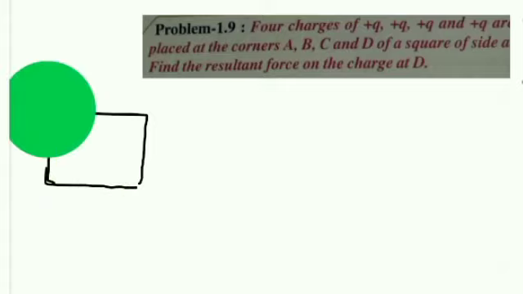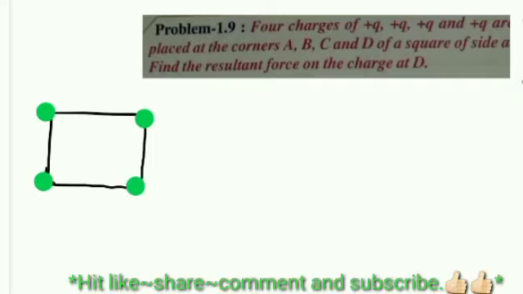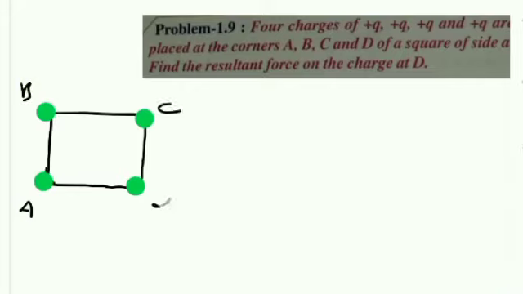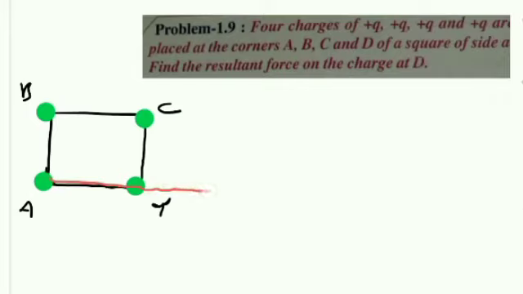Here we have four charges, 1, 2, 3, 4, at A, B, C, D. Now we are calculating the force acting on D. This Q charge and D Q charge have a repulsive force in this direction.